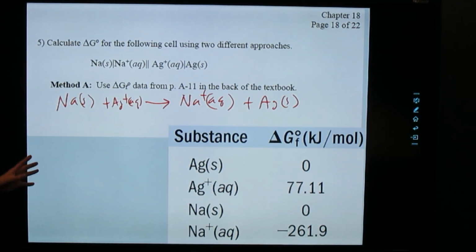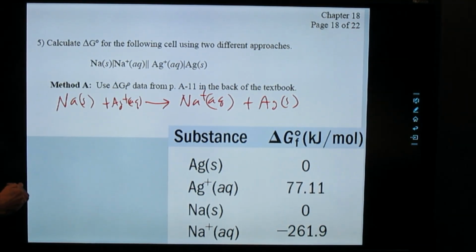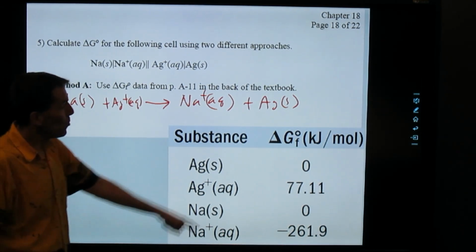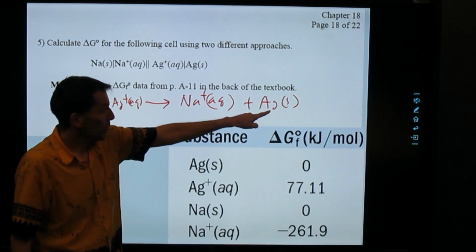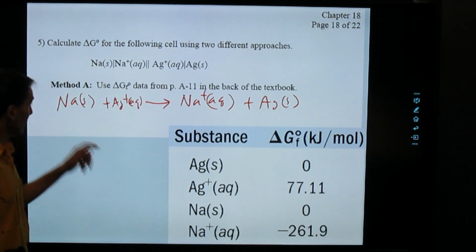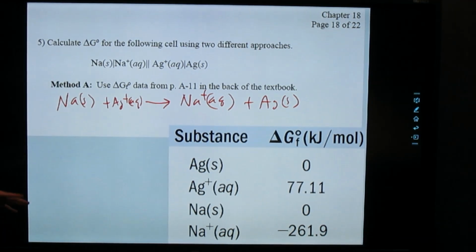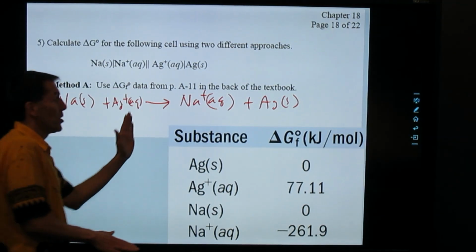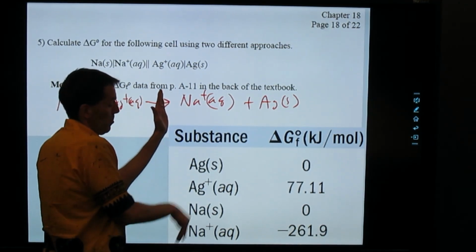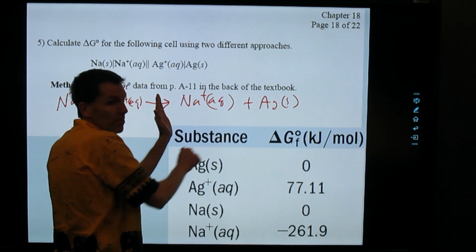And so we can do our products minus reactants. 2 of the materials have 0 values, the Ag solid and the Na solid. Elements are 0 in delta GF terms. And so we just take the sum of the products, which is just going to be negative 261.9.